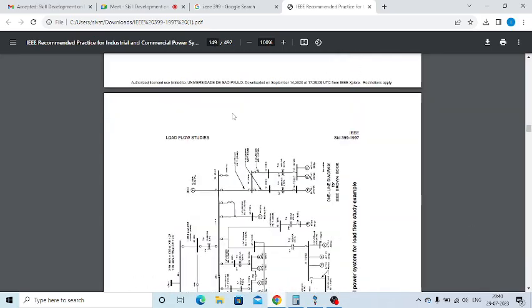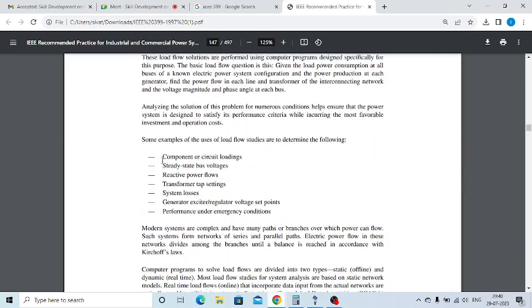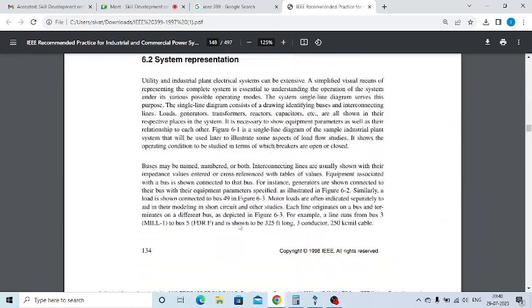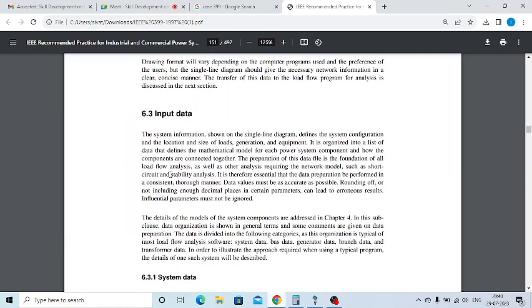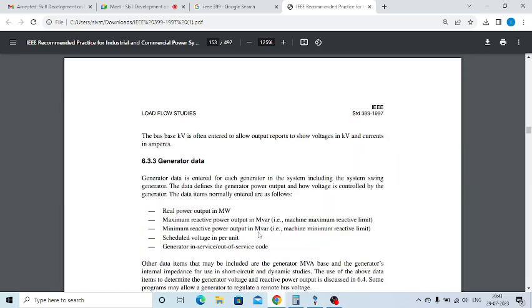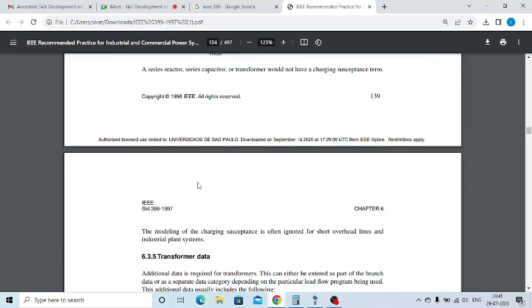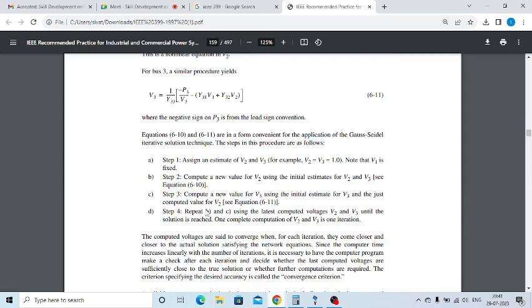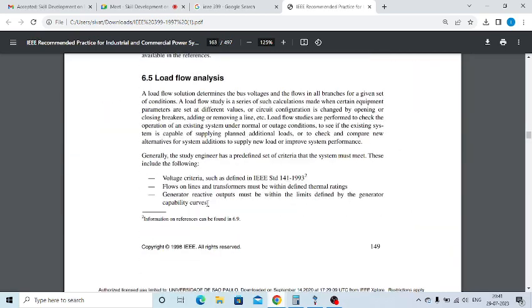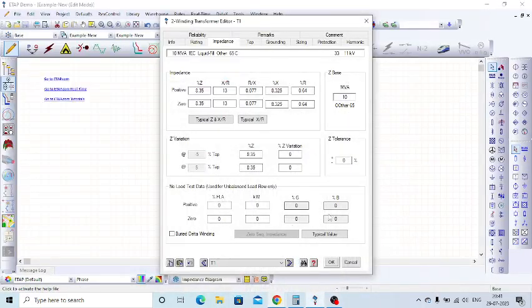So I suggested everyone to go through the load flow analysis details. The basic information is available here, then how we can consider the system, the input data, and how to solve it. Input data for generator, bus, branch, transformer, all the data is available. So I told you to just go through the basics of it. It is freely available, so you can go through it.